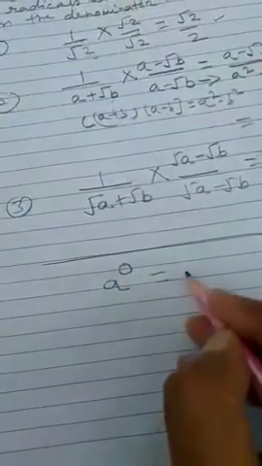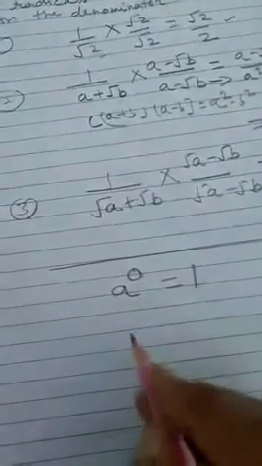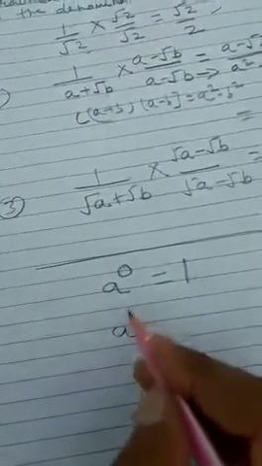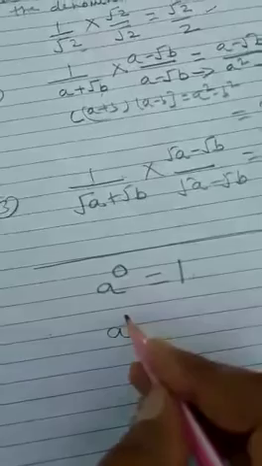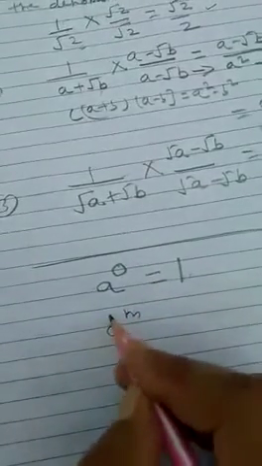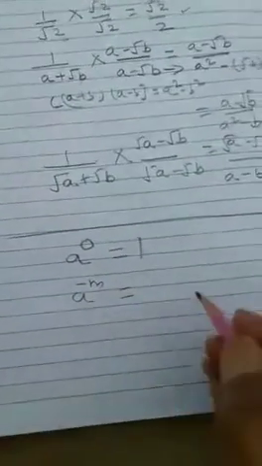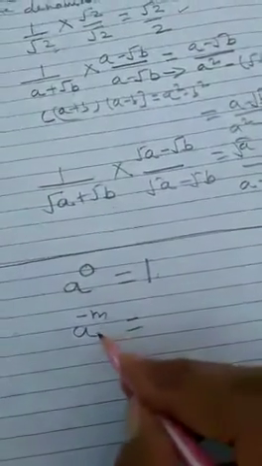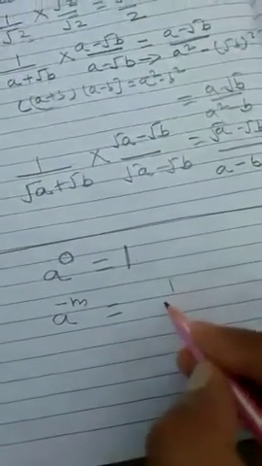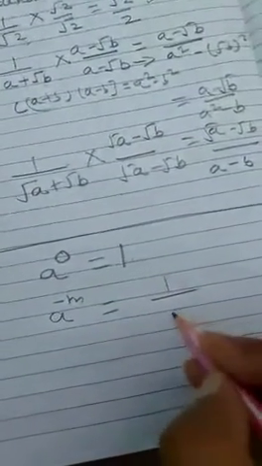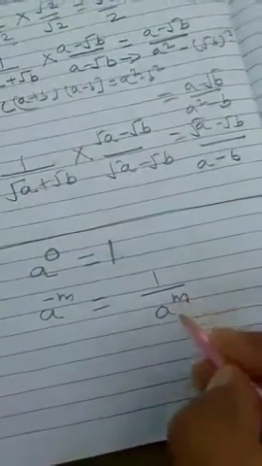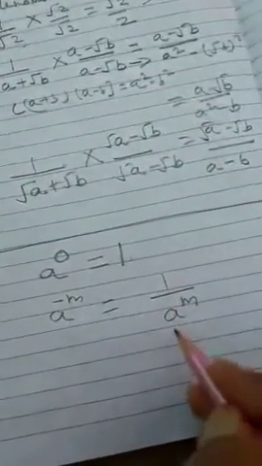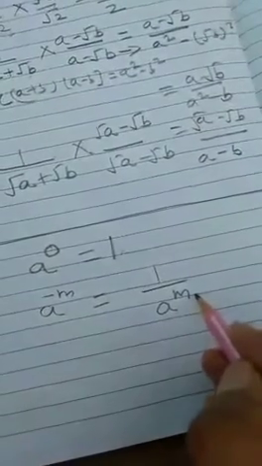The power of any natural number, if 0, will be equal to 1. If the power of any number is negative, then to make it positive, it will be written as 1 upon A raised to m.